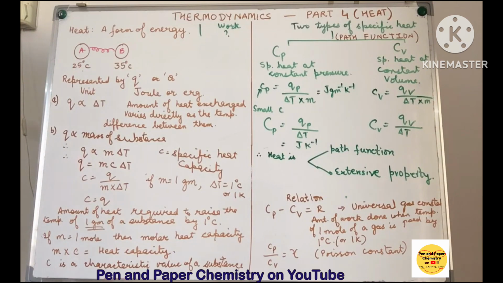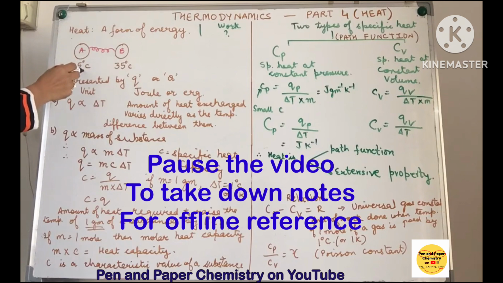Equilibrium means the heat still continues to flow in between the two objects, but the temperature then becomes constant. Initially, you will find that the temperature of B begins to decrease, that of A begins to rise. But once equilibrium is reached, they reach a constant temperature state, and that is an equilibrium state. So heat is a form of energy which flows between two objects connected to each other when there is a difference in temperature between them.